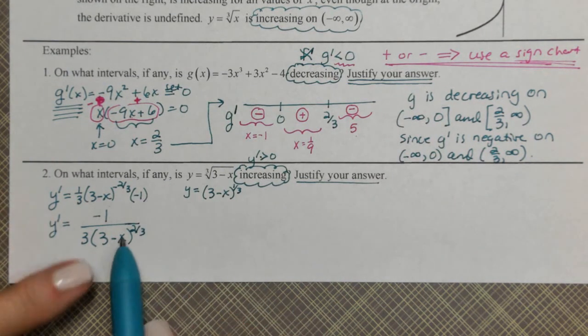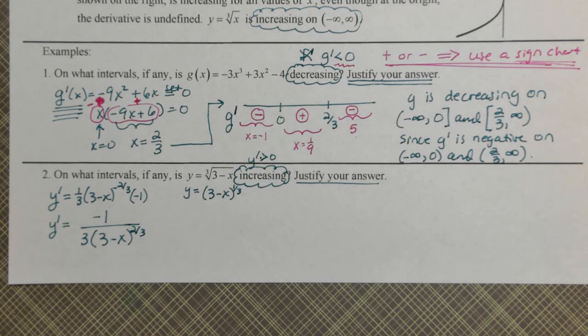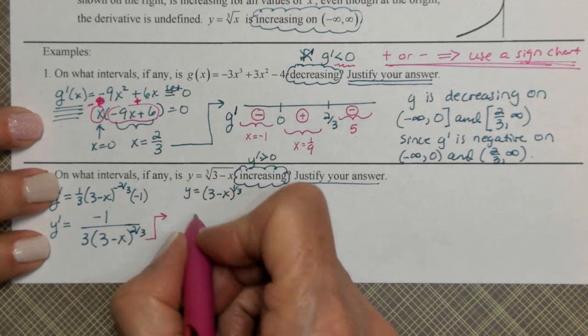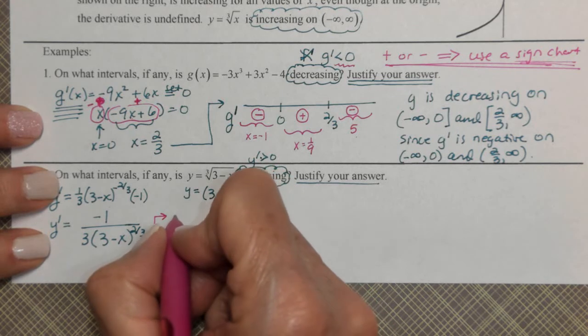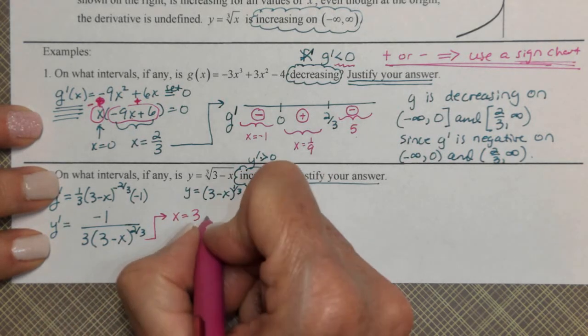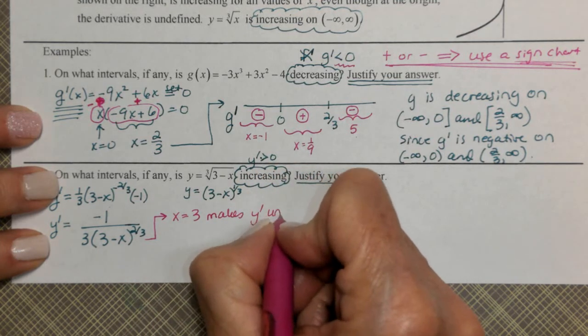Well, this time we have a denominator, so I need to examine the denominator to see what makes it 0. So what value of x makes the denominator 0? Well, x equals 3 makes the denominator 0. So that makes y prime undefined.